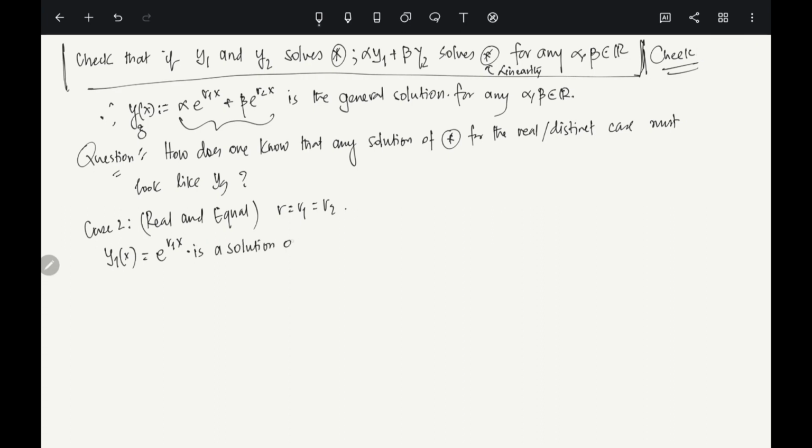So in this case, this is a solution of star. How do you get another solution? This is a trick which you can use, and this will be a part of the assignment.